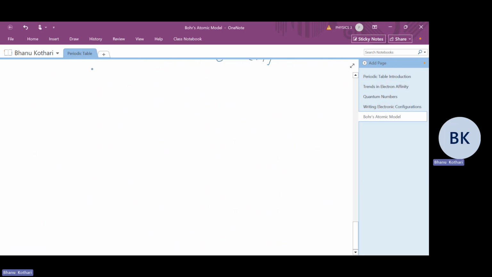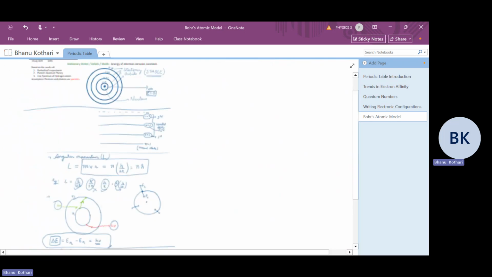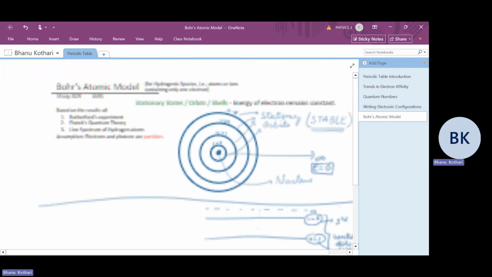Now, next thing is we're going to talk about the drawbacks of Bohr's atomic model. The first drawback is that it gives the atomic description only for hydrogenic species.